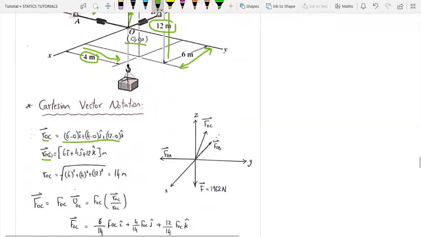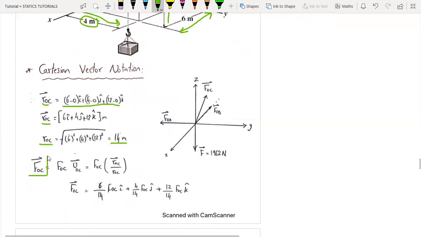So here's the vector ROC, and the magnitude will be the square root of 6 squared plus 4 squared plus 12 squared, and we get 14 meters. So the Cartesian vector notation of the force for the cable OC will be the magnitude multiplied by the unit vector, which is FOC multiplied by the position vector over the magnitude.